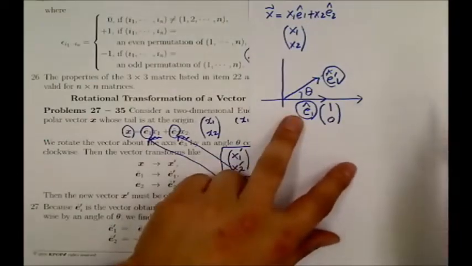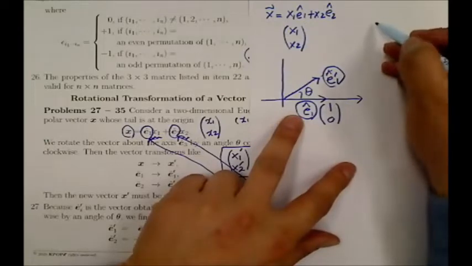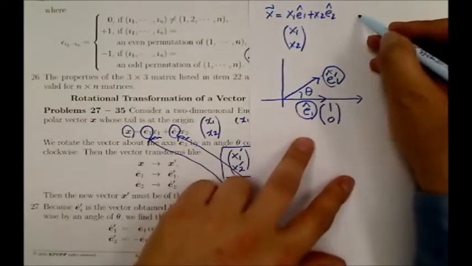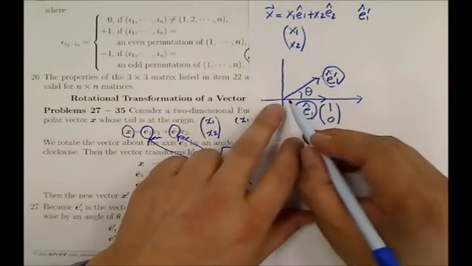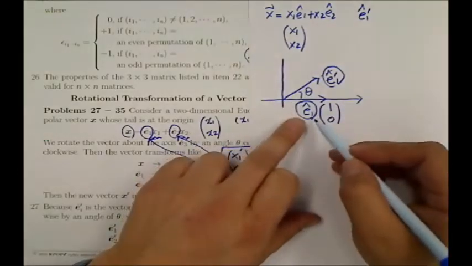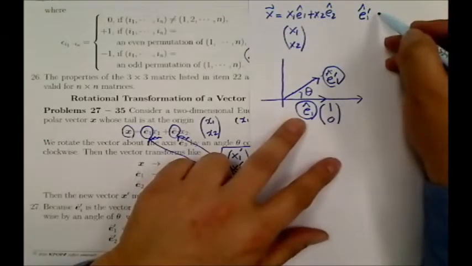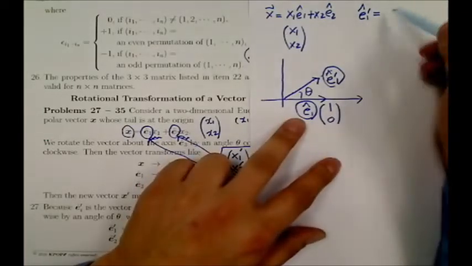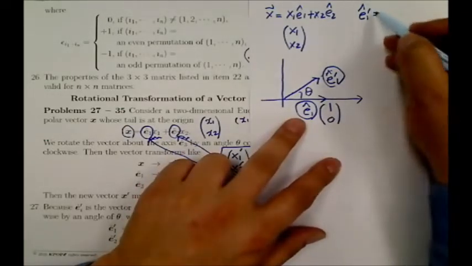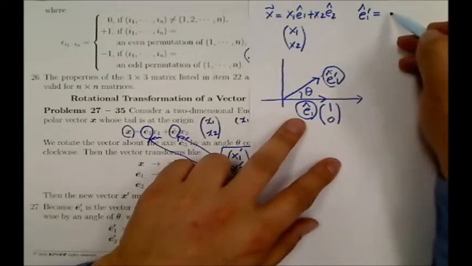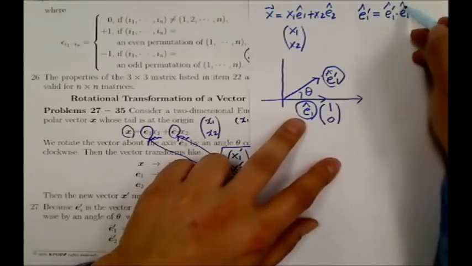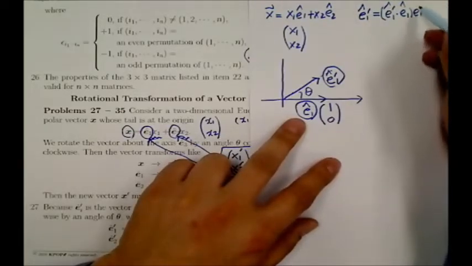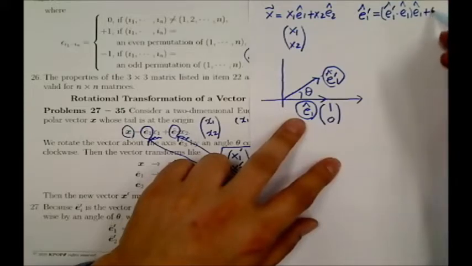What we find is this E1 prime has an angle theta with respect to E1. That means E1 prime can be decomposed into two pieces, a sum of E1 and E2.